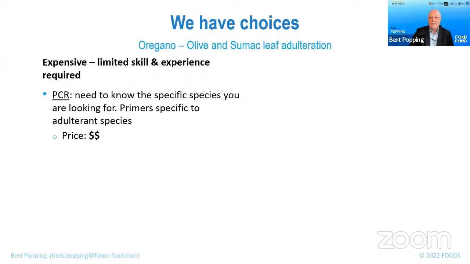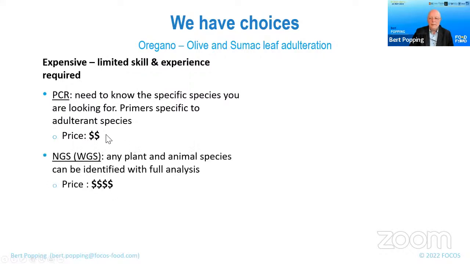If there is another adulterant, another leaf, another herb maybe in there that is adulterating the oregano, and you don't have the primers, you won't see that. So PCR is a good tool when you know what you're looking for. But if you don't know what you're looking for, you won't be able to find it.